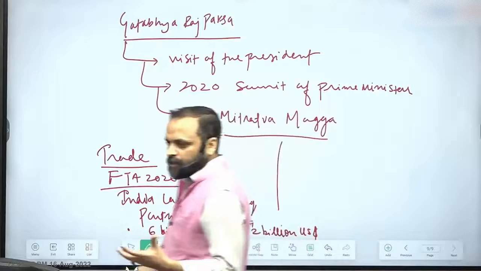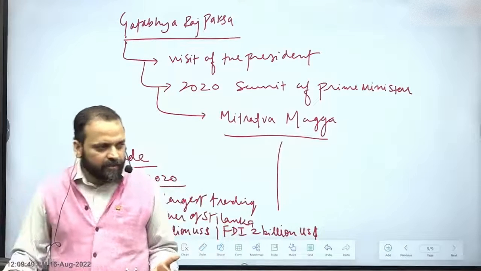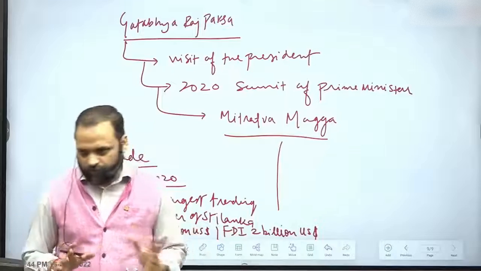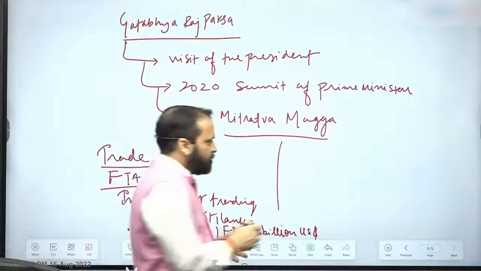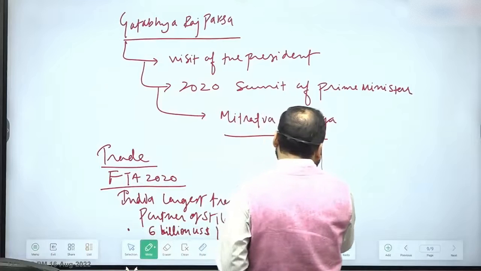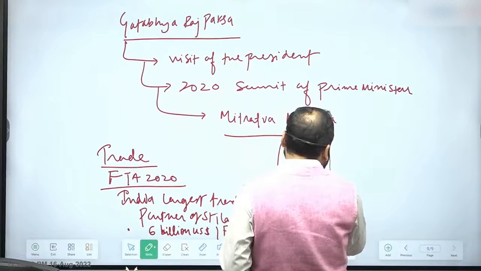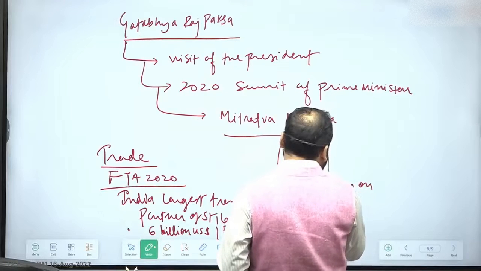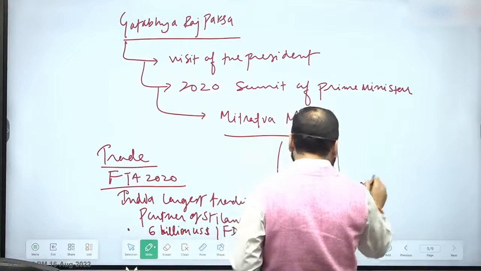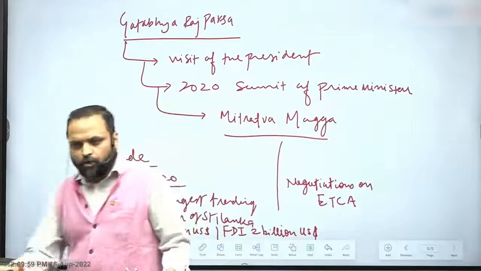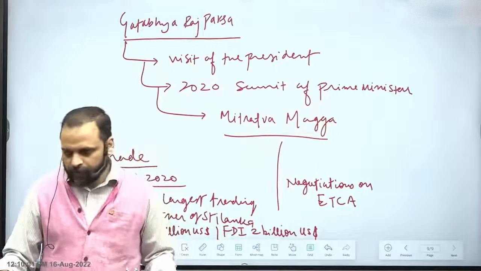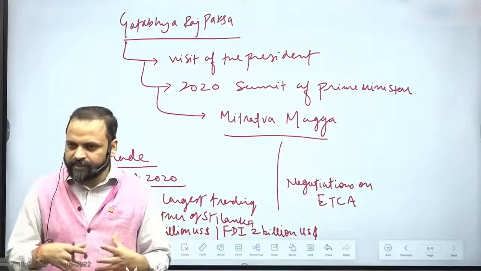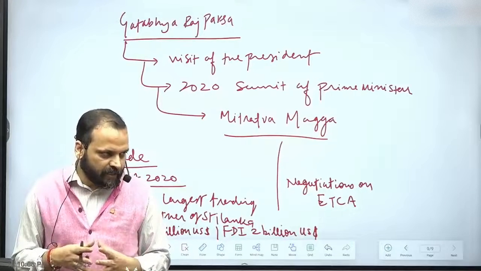However, there was an attempt to expand the free trade agreement, and that attempt has not been successful. India and Sri Lanka were negotiating the expansion through ETCA, the Economic and Technical Cooperation Agreement, which was basically aiming at expanding the FTA to include services and investments under its purview.